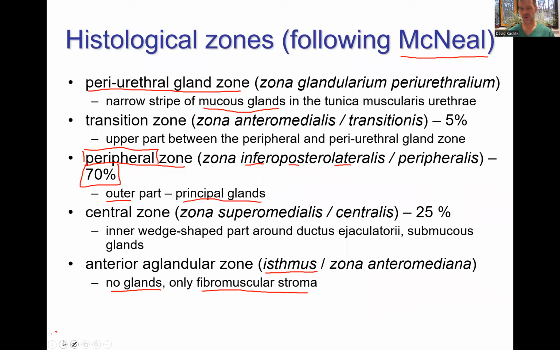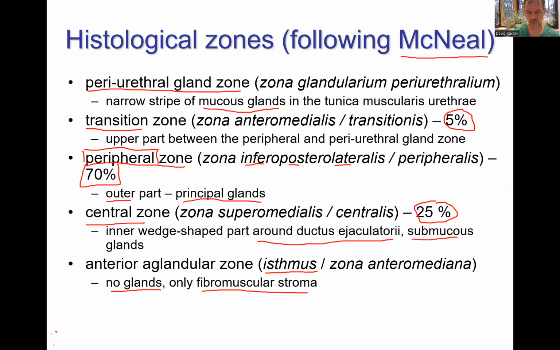And then we have another two zones. Transition, which is between the periurethral and peripheral zone, only 5%. And central zone, which is also located between periurethral and peripheral, but in other location. It's located quite up around ejaculatory ducts, and both of them contain submucous glands.